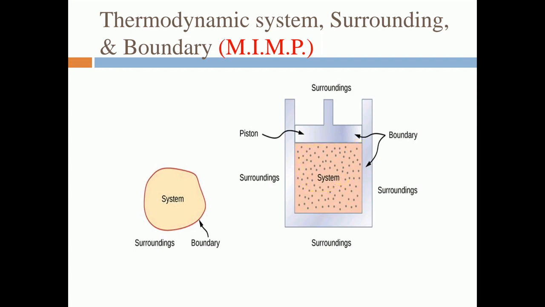It is not fixed. We will discuss different types of boundary later on. Now surrounding will be the outside of the system. In this case, this is the area which interacts with the system, so that is known as a surrounding.